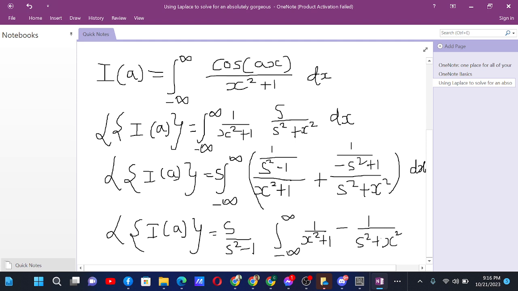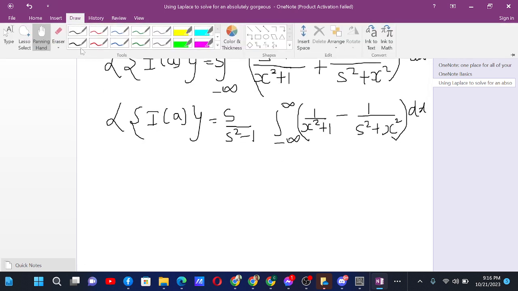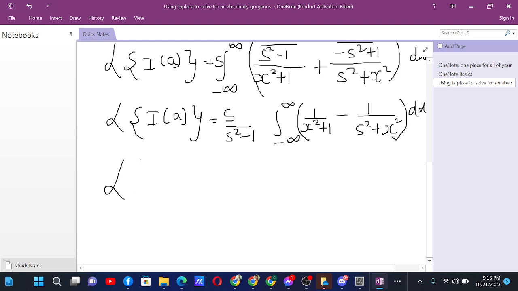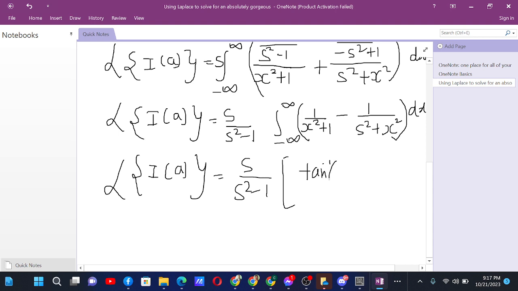So now we have progressed a lot, and this integral seems a bit easier to deal with, and that's the benefit of taking the Laplace transform. So we have the Laplace transform of I of a as s by s square minus 1, and this will be tan inverse x minus 1 by s tan inverse x by s.